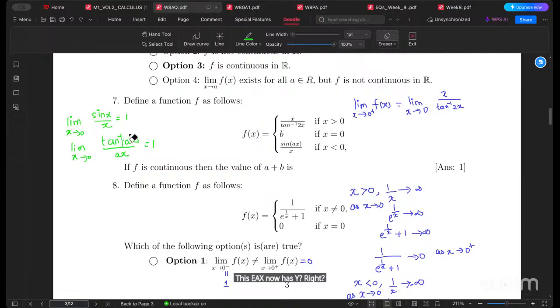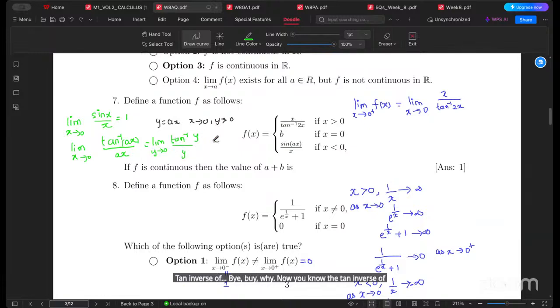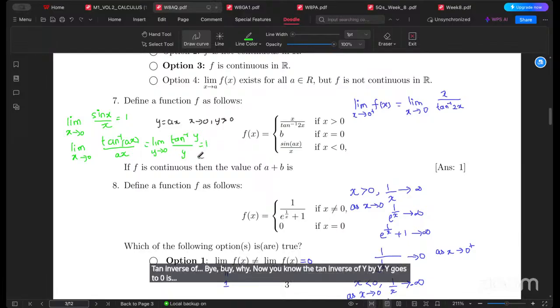Put y equal to ax; now x goes to 0 means y also goes to 0, so you can replace this with limit y goes to 0 of tan inverse of y by y, which is 1.